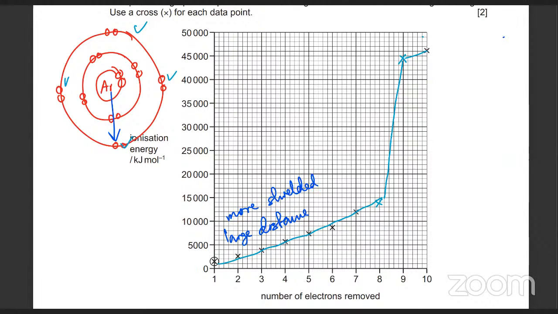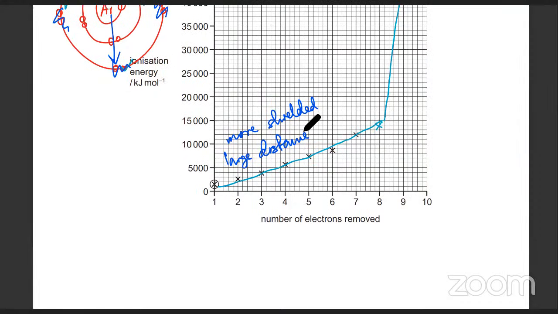But as soon as you try to remove the 9th electron, it all of a sudden becomes difficult, because the first 8 electrons were removed from the outer shell. The 9th electron is being removed from an inner shell. So all of a sudden your shielding decreases, your distance decreases. So it becomes much harder to remove that electron. So you have this jump.